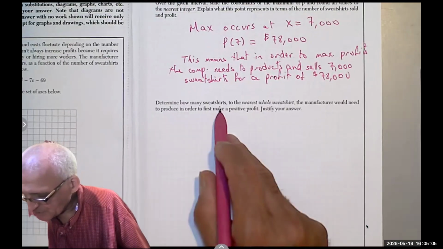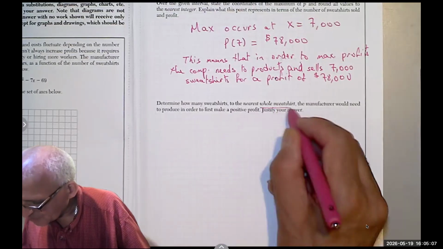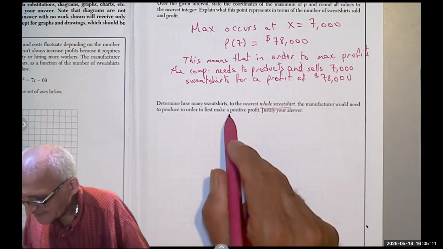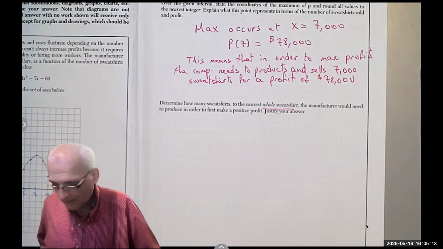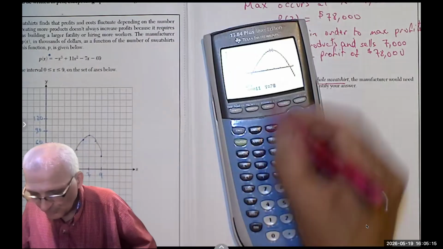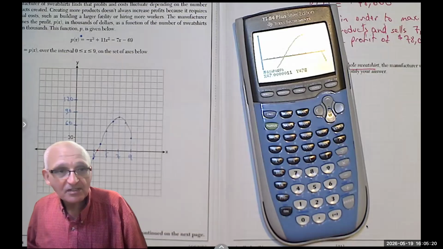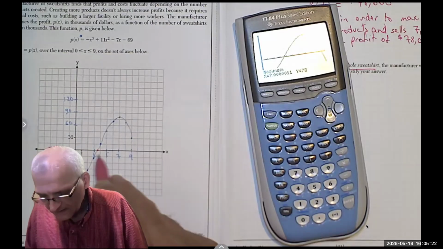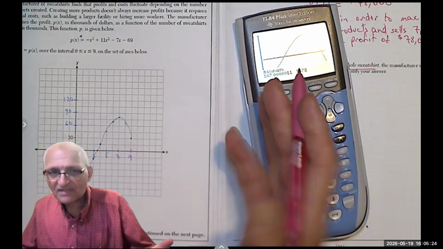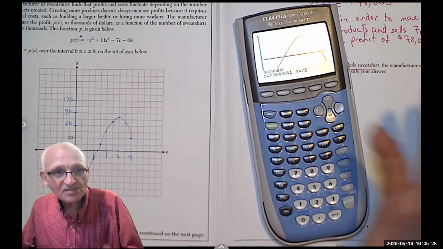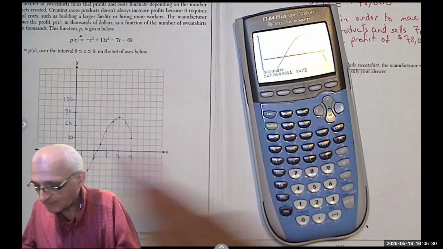Determine how many sweatshirts, to the nearest whole sweatshirt, the manufacturer would need to produce in order to first make a positive profit. Okay, so we have here to find the zero, because at the zero, they break even. They need roughly maybe 3,200 or 33 or 34. We don't know, something between 3,000 and 4,000.